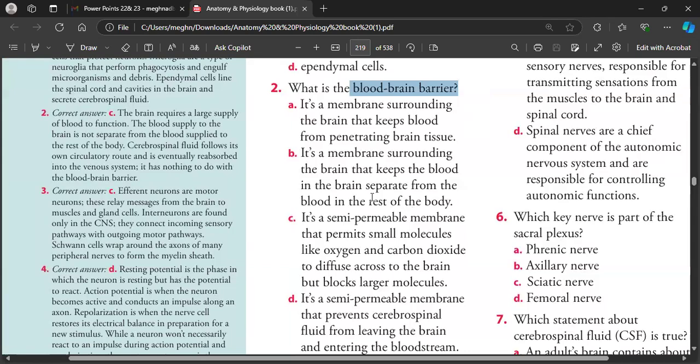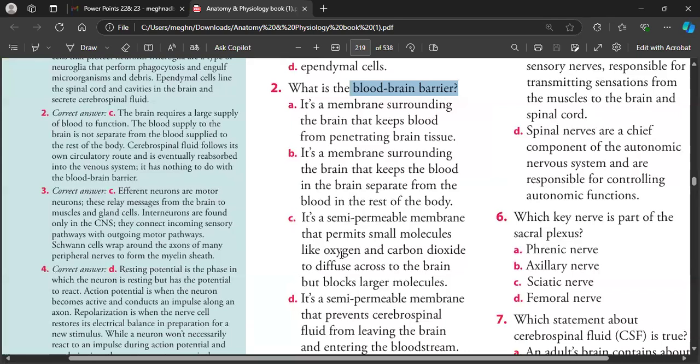And what does C say? Yes, it is a semi-permeable membrane that permits small molecules like oxygen, because the brain needs food.